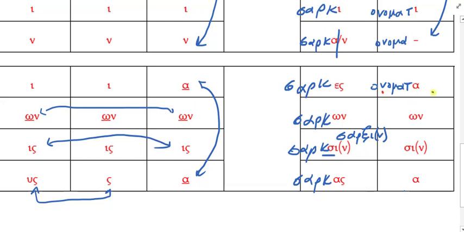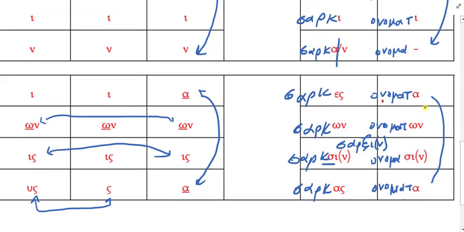So anamata, plural of names. Okay? And anamatone. What's going to happen here? Anamatsi. What does a dental do before a sigma? It will drop out. So you won't see the consonantal stem there. It'll be anamasi. And then back to the same as the nominative, right? Anamata.